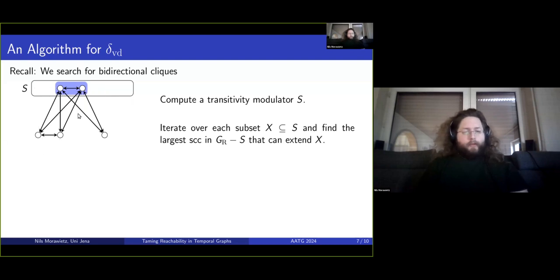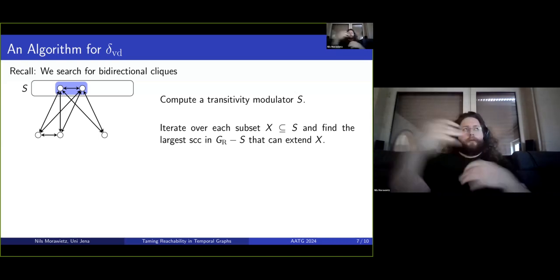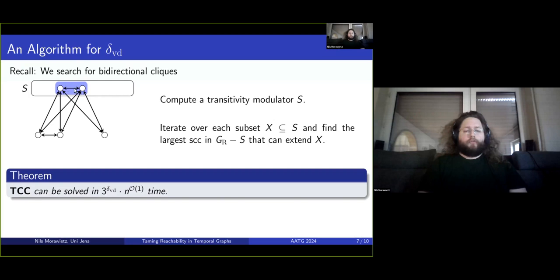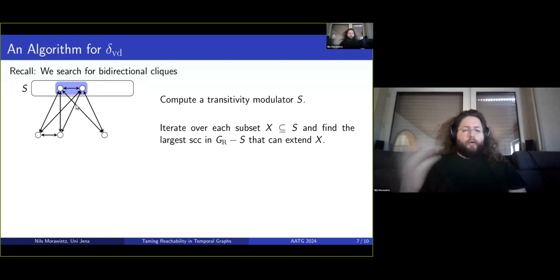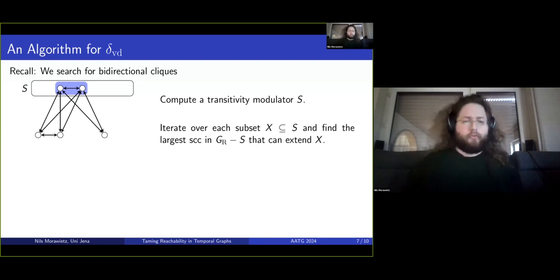And then the bottom part is again a transitive graph because transitive graphs are closed under vertex deletion, which means that we can find a largest bidirectional clique or a largest strongly connected component in the bottom part in just linear time, and then extend it with the additional vertices on top, and so decide what is the largest bidirectional clique in this auxiliary graph, or going back to where we came from, what is the largest temporally connected component of this temporal graph.